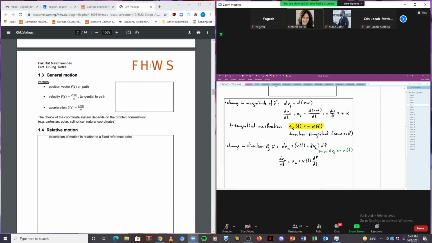Well, I always just said I will not write the time-dependent stuff, but okay. Then we end up with velocity times angular velocity.